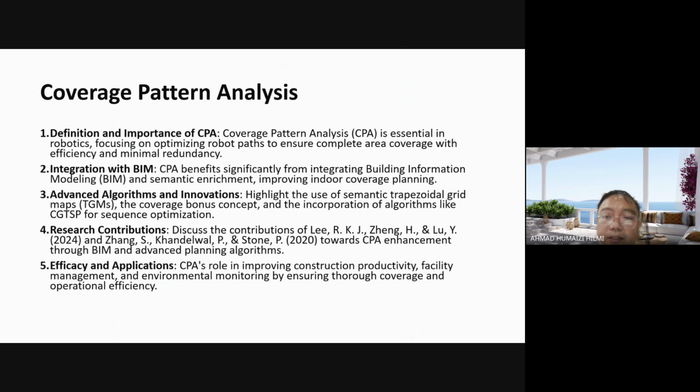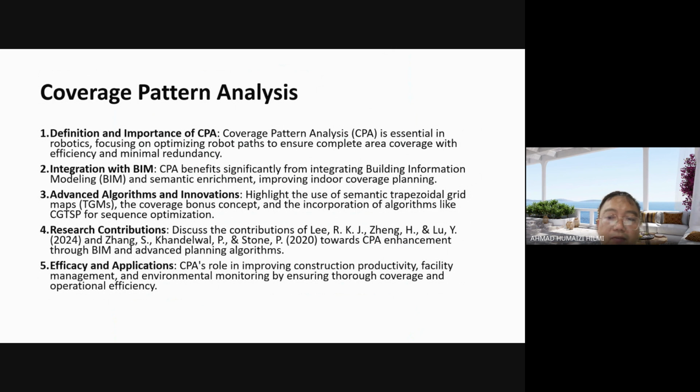This concept becomes more crucial in complex environments such as indoor spaces, where obstacles and layout intricacies pose significant challenges. A groundbreaking aspect of modern CPA is its synergy with building information modeling. By integrating building information modeling, which provides a detailed 3D model of a building, with coverage pattern analysis, robots can navigate and cover indoor spaces with unprecedented accuracy and efficiency.